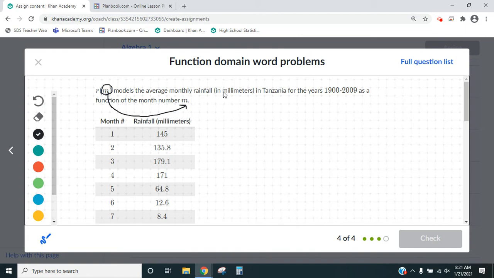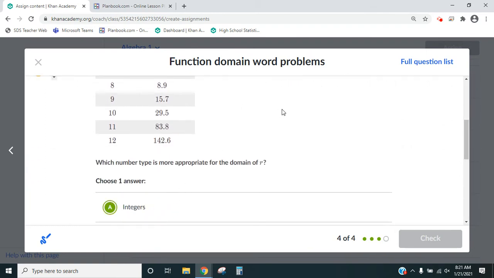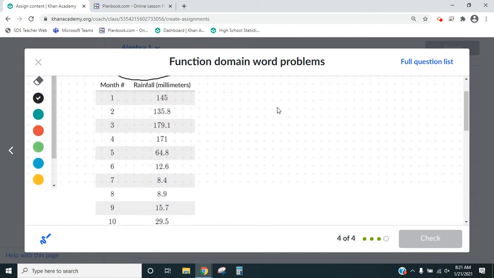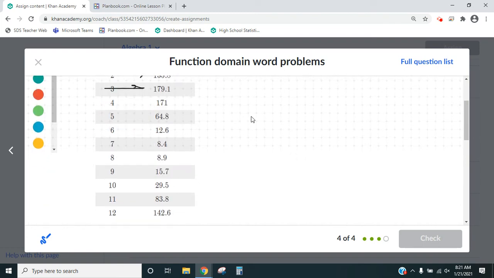This is monthly rainfall. I'm going to say integers. When we see the table here, we see that there is a list of data corresponding to each whole number, right? That tells me it's integers.